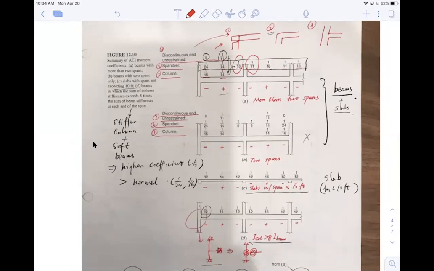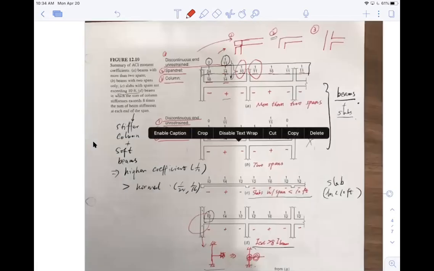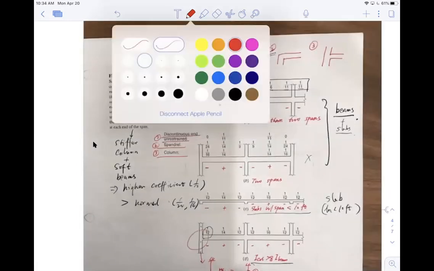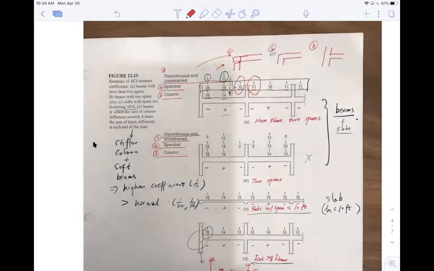Just to clarify, now you have 1/10s and 1/11s. 1/10s is on the left side of it, and 1/11s on the right-hand side of it. Just be careful. Why is that? On the left end of it, where I have a column, you see there's 0 for a discontinuous or unrestrained, simply supported condition, 1/24 for spandrel, and 1/16 for column.